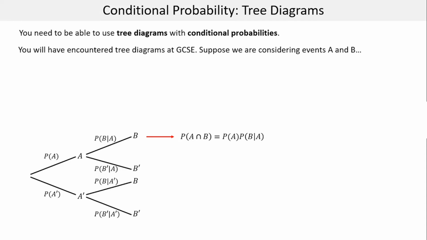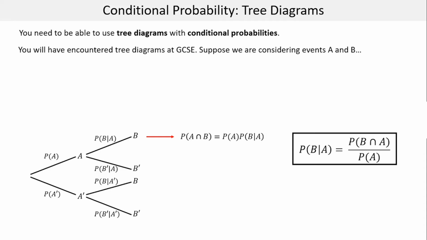If you noticed, in that rearranging, I have swapped the order of A and B on the intersection. So the probability of B intersection A is equivalent to the probability of A intersection B. I've done that just so I have the familiar formatting of the numerator and denominator in front of me.